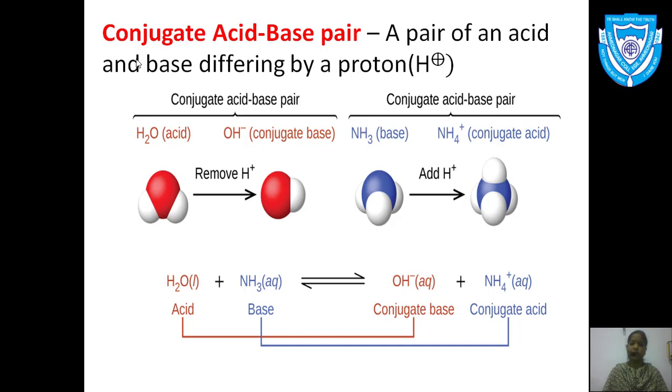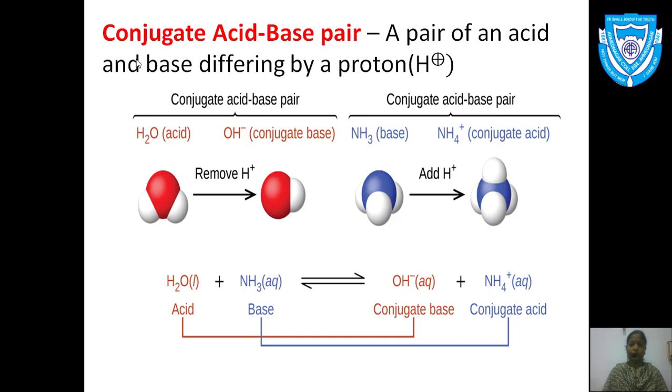Also we can find the conjugate acid from the base just by adding a proton. In the blue images, NH3, by addition of a proton, forms the conjugate acid NH4 plus. This way we can identify the conjugate base from the given acid, or the conjugate acid from the given base.